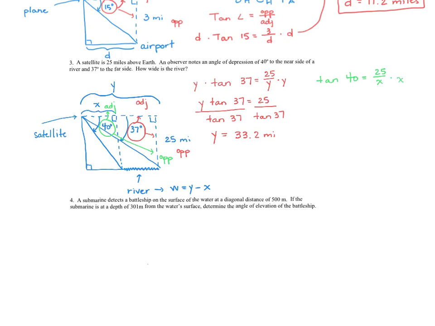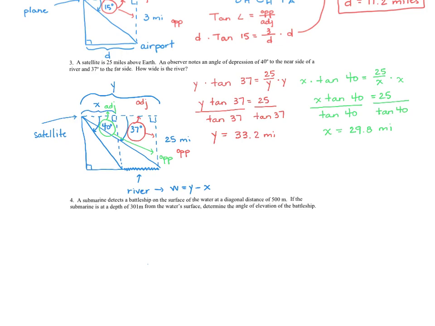To get the x out of the denominator, I multiply both sides by x, and I have x tangent 40 equals 25. And to find the distance to the near side of the river, I will divide by tangent 40, which again is just a number. So x, in this case, the distance to the near side of the river is 29.8 miles.